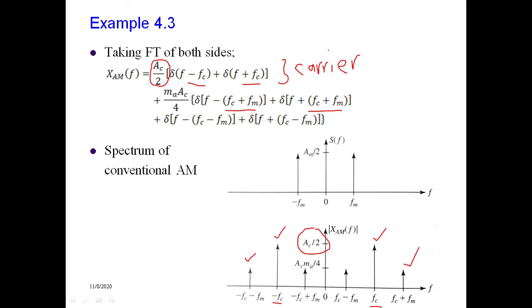The next one is minus FC plus FM and plus FC minus FM, this one, with the same amplitude MA AC divided by 4. This is the amplitude of the next deltas. So this is the spectrum of the conventional AM, right?